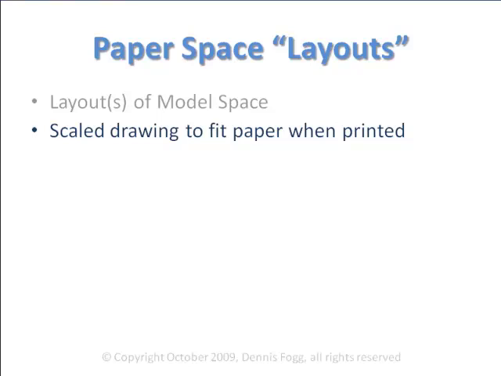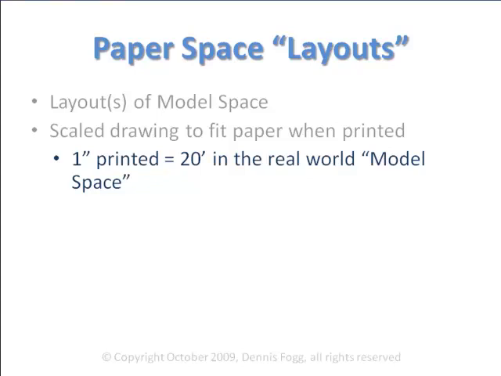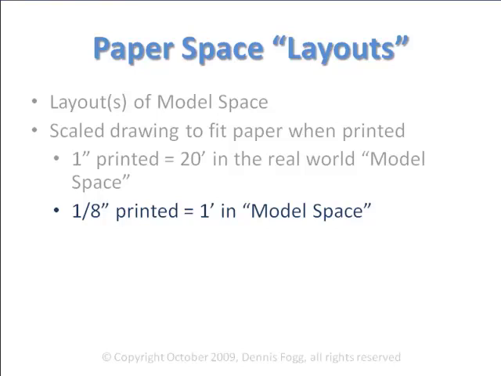For example, our printed drawing will use a scale of 1 inch equals 20 feet. So the paper space layout will be set to that scale. Like model space is a representation of the real world, paper space is a representation of model space.